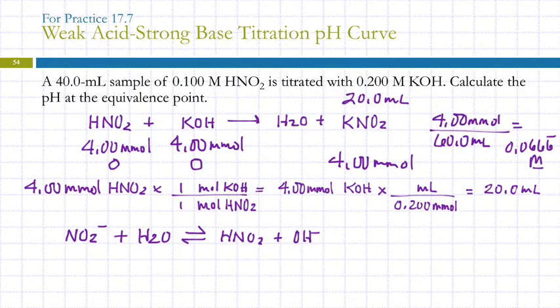So in my ice table, 0.0666 molar and 0 of these other things. And then minus x, plus x, plus x.